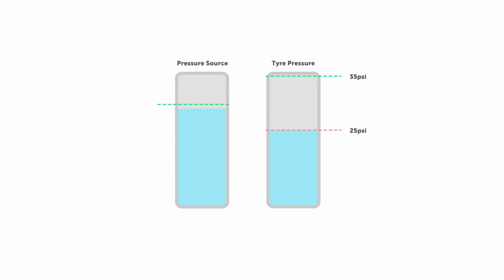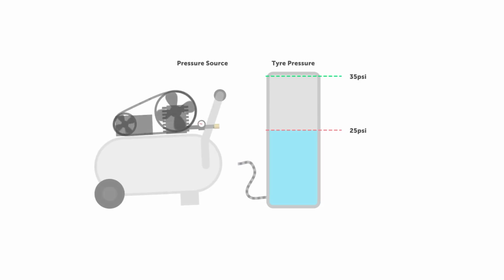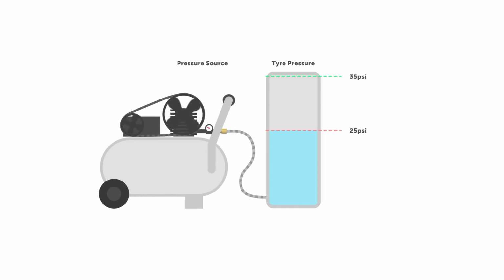Let's say a vehicle has low tire pressure of 25 psi, and we need to fill the tires with air until there's 35 psi for safety. If we try to fill that tire with an air tank that has 30 psi in it, we're never going to get more than 30 psi in that tire, right? Now if we try to fill that tire from a hose attached to an air compressor, and the air compressor is running, but currently there's only 20 psi in the tank because it hasn't charged up yet, we'll actually lose tire pressure because air will flow out of the tire into the air line until compressor tank pressure and tire pressure equalize.